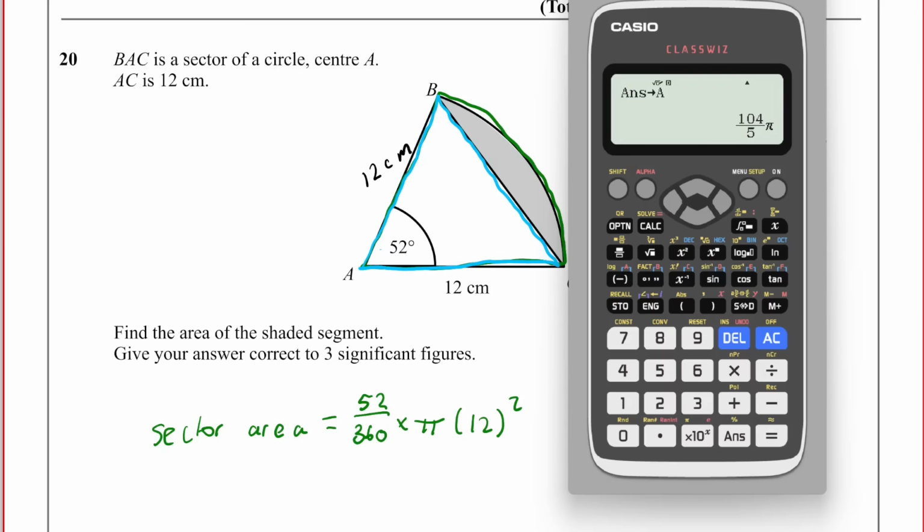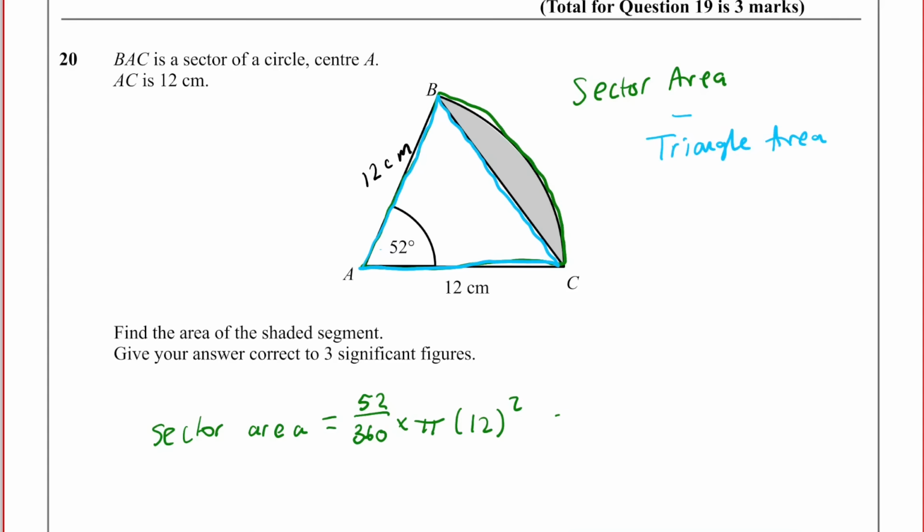Save it in the calculator. 65.345 centimeters squared.